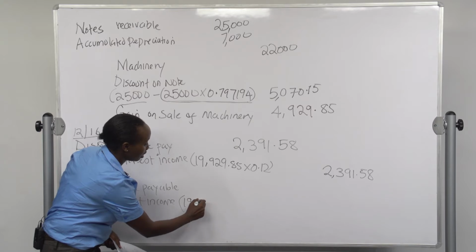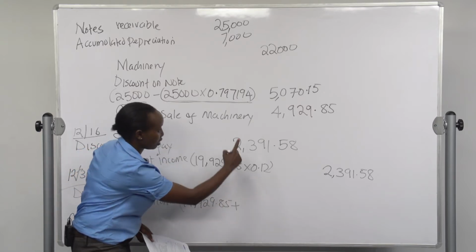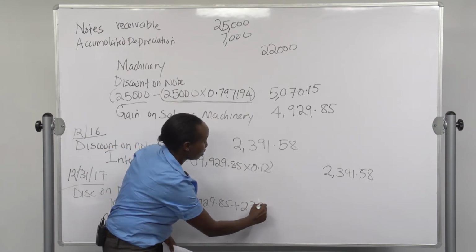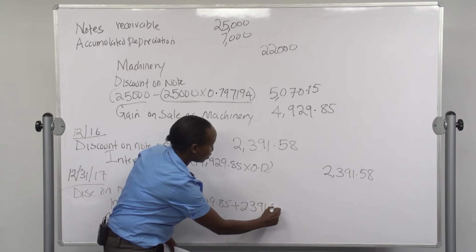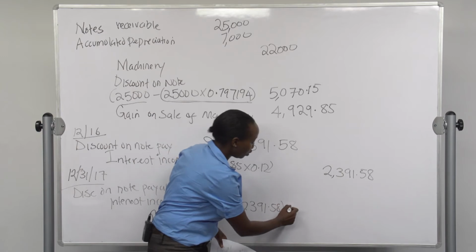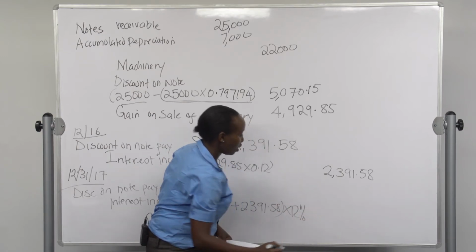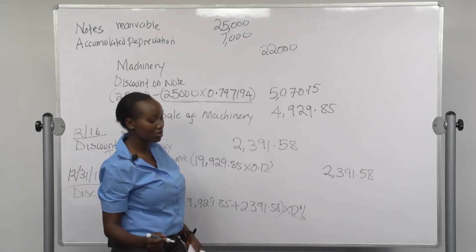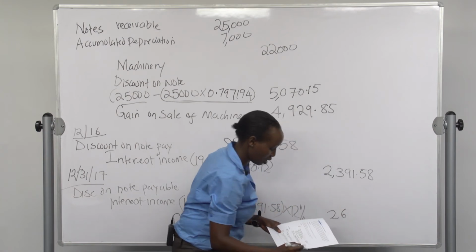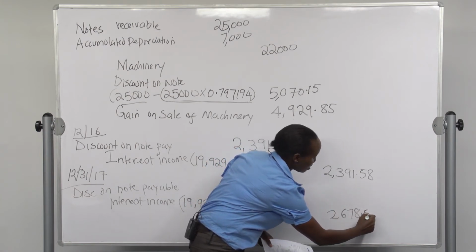We have 19,929.85 plus the amortization from the prior year, 2,391.58, and we multiply this by 12%, or 0.12, to get our amortization for this year, $2,678.57.